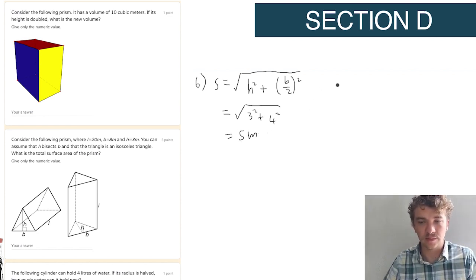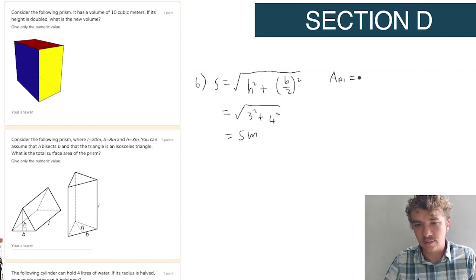And then we have that the area of rectangle 1 is equal to its length, which is L, which we know is 20, times its breadth, which in this case is the side S I calculated, so that is 5.